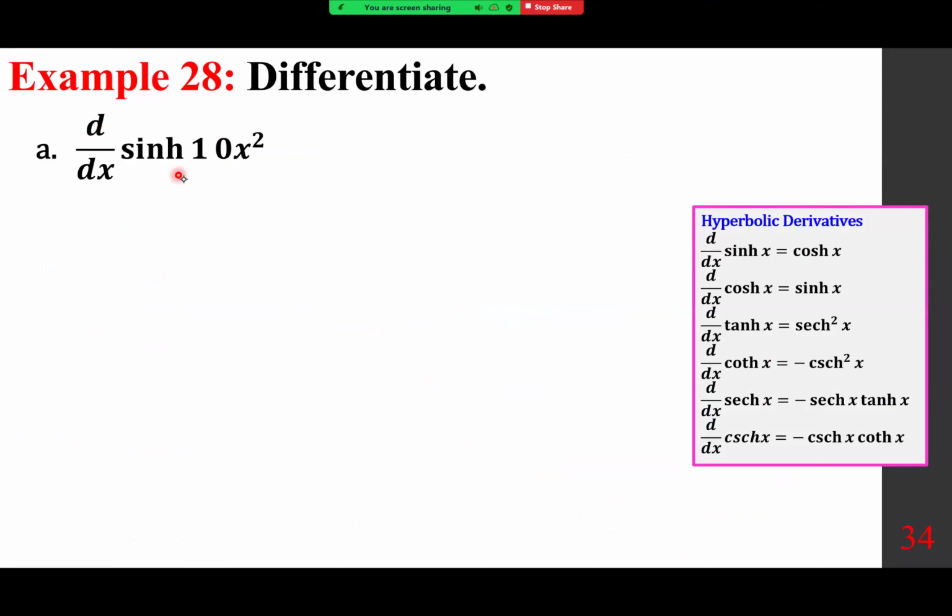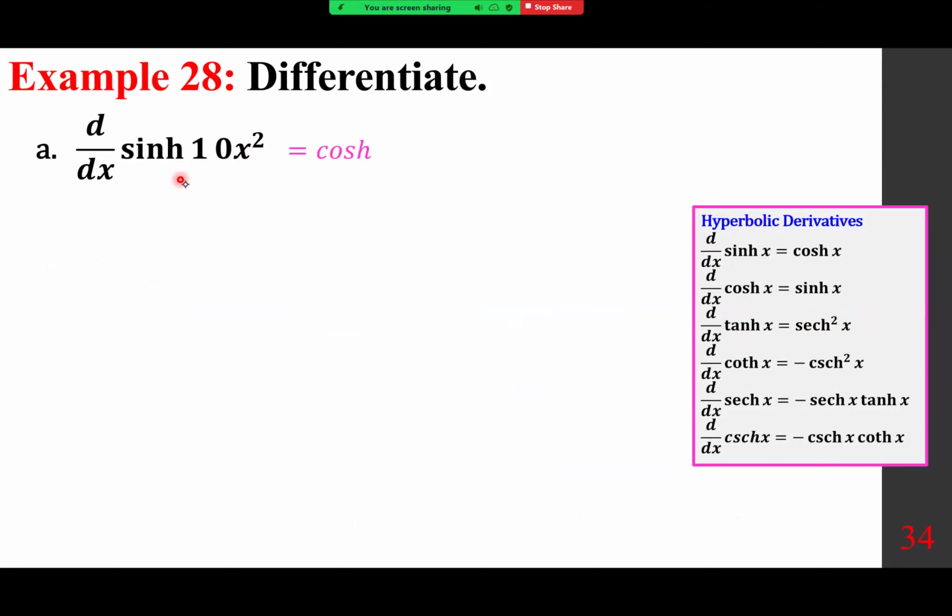d/dx of sinh of 10x squared. Well, reminding you of the hyperbolic functions, the derivative of sinh is cosh, hyperbolic tangent is hyperbolic secant squared, so on and so forth. So the derivative of sinh is cosh, and by the chain rule, cosh of what?